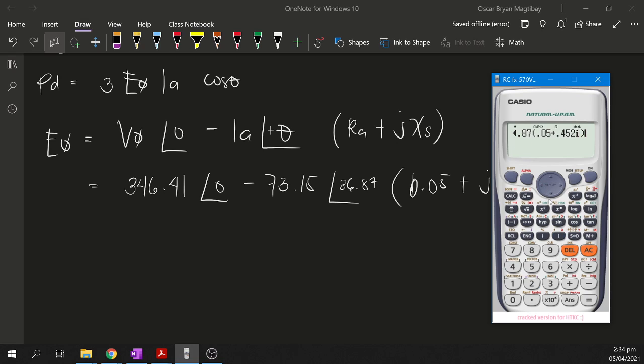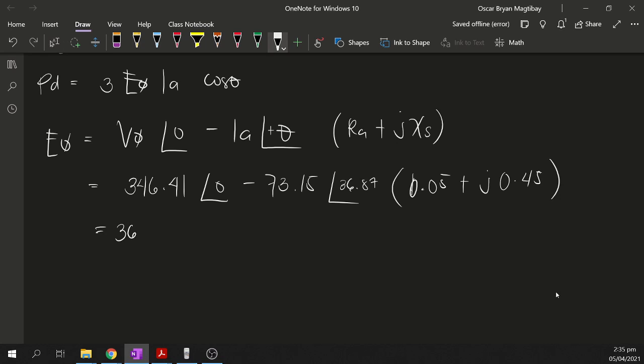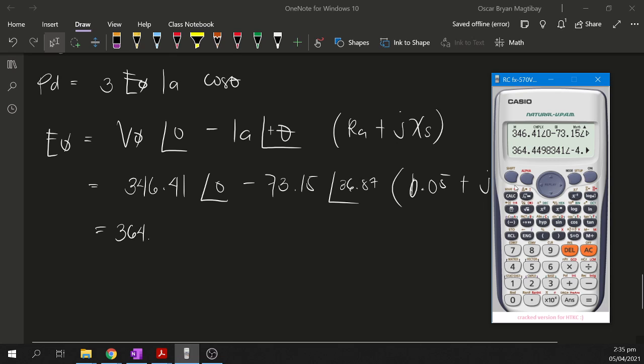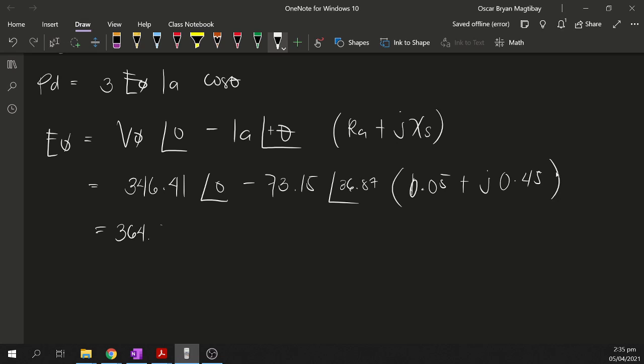Math error. Bakit math error? Kailangan ng multiplication. So the answer for our E phase is 364.45 volts. Ito lang yung gagamitin natin, yung magnitude.